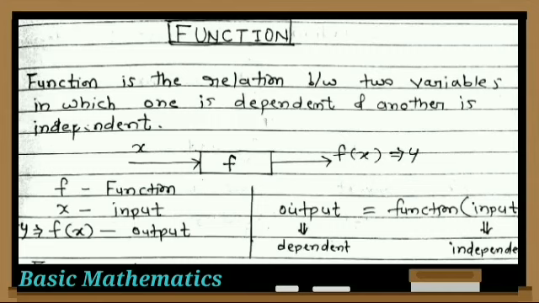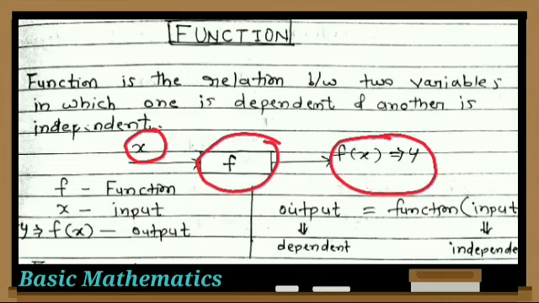As you can see here, there is a block. In this block, f is written and f represents the function. The x is the input which is going into the function, and the function processes this input and provides the output f(x) equals y.